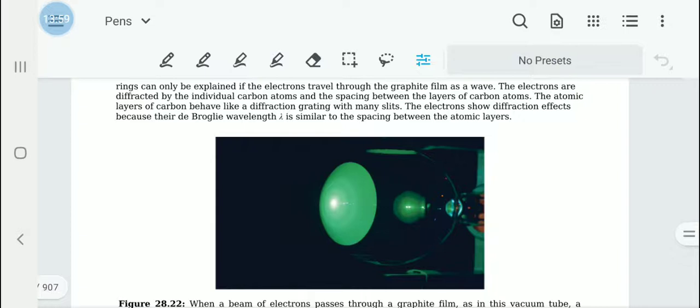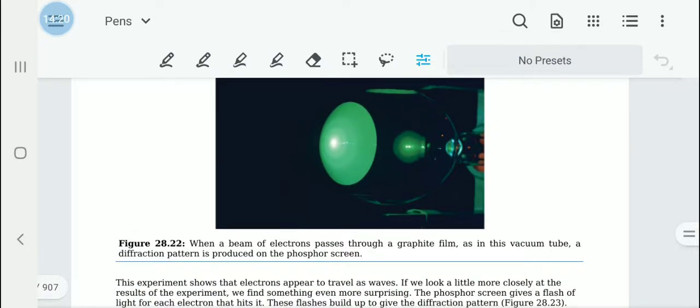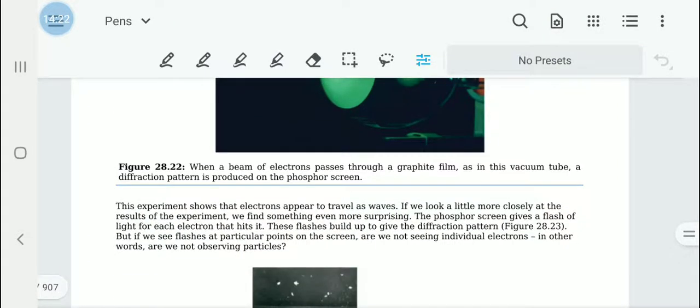As a result, the carbon, acting like a diffraction grating with slits, allows the diffraction to take place. Also, because the de Broglie wavelength lambda is similar to the spacing between the atomic layers, we can see this diffraction. So electrons appear as waves.